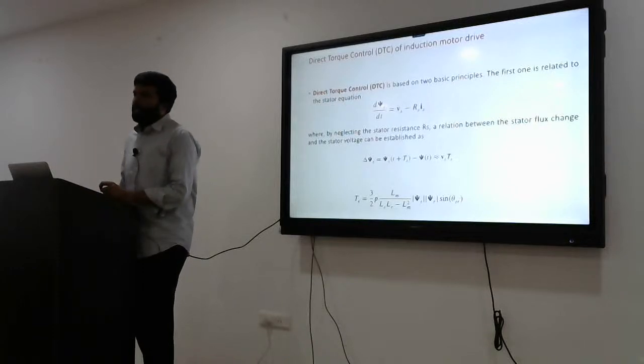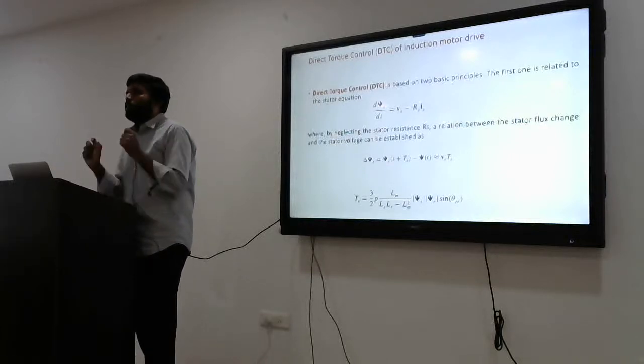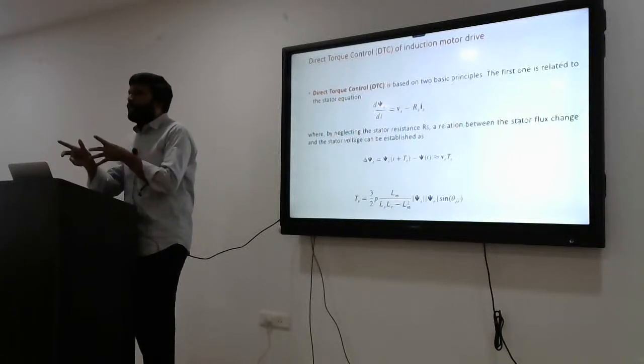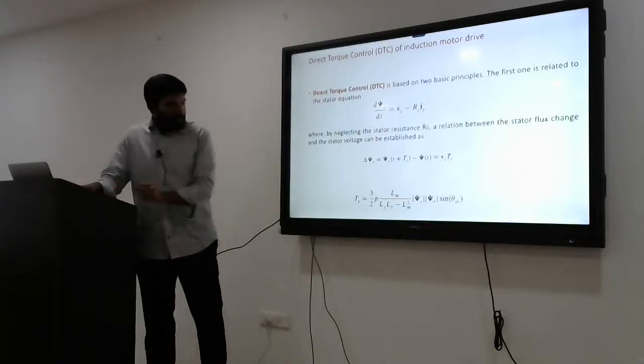In the direct torque control method, you need no help from the current. It is not current control. It is voltage control. It is a direct control of the flux and torque. Now my question is very simple.